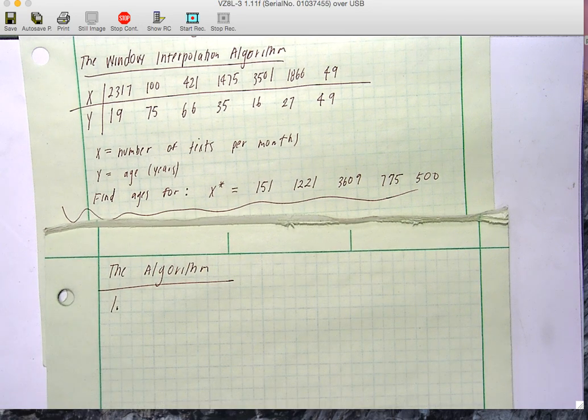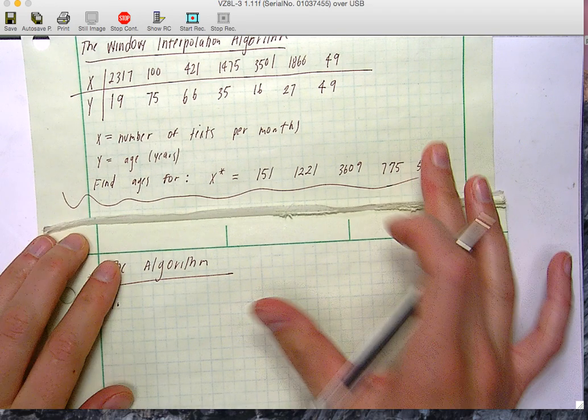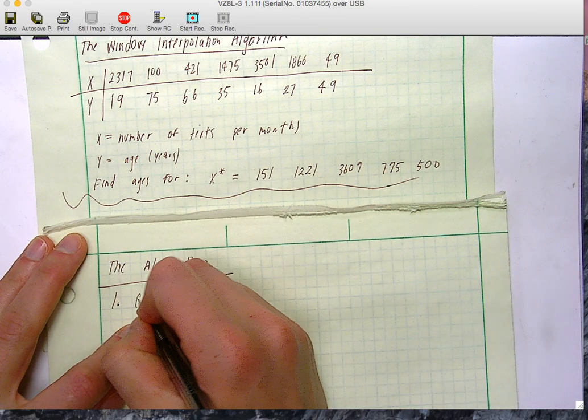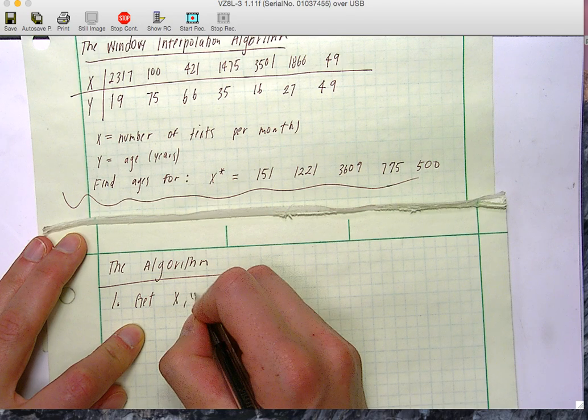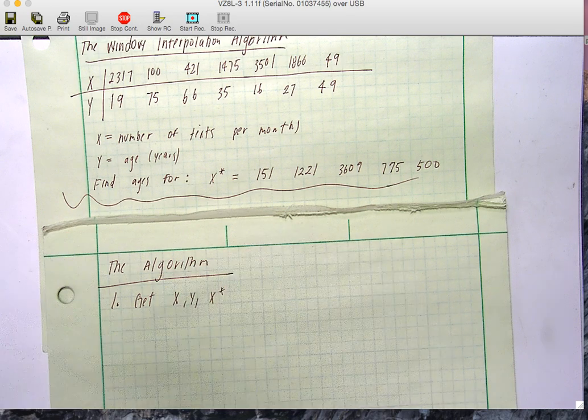Okay, so the first thing that you need for this algorithm and you want to think about for your algorithm, and this is always the first step anytime I'm showing you how to write out these algorithms, is that you need your data. So you need to get your x, your y, and your x star. In your lab, you're writing this using a function.